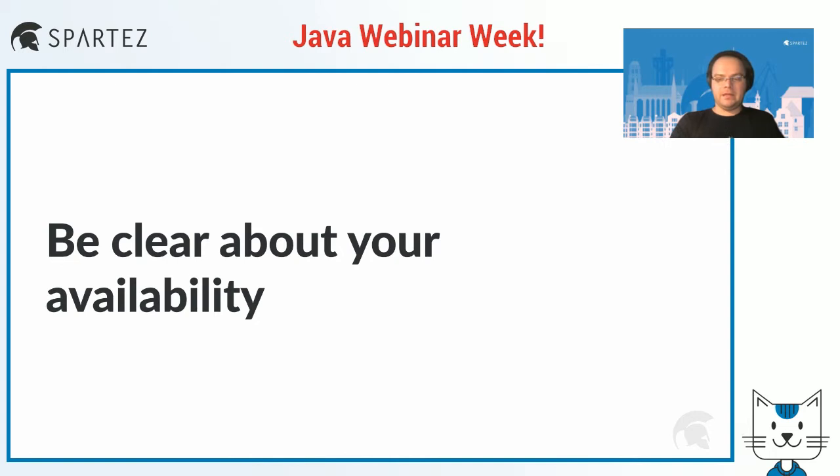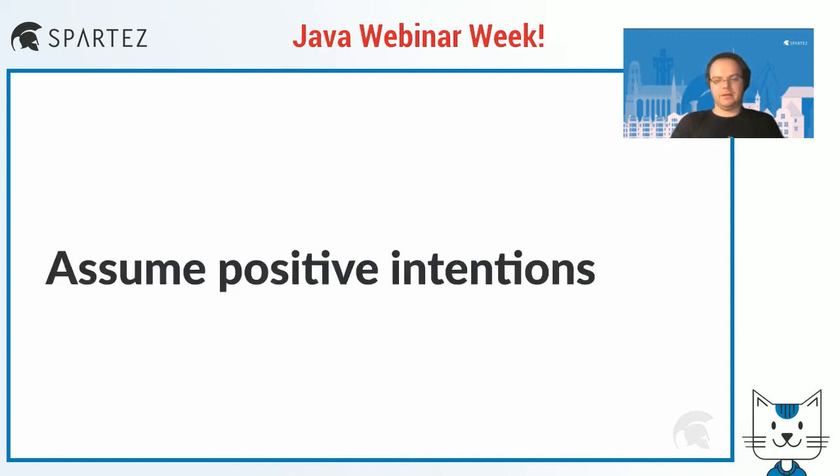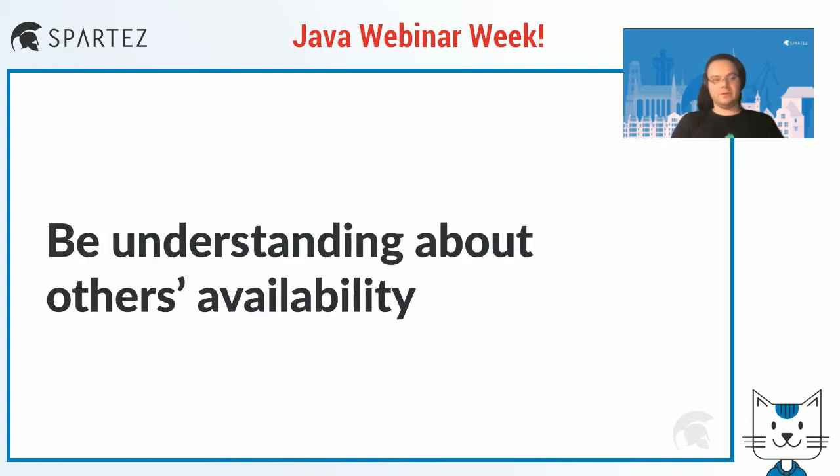Okay. I've mentioned that before. The nonverbal communication is most of the communication when people communicate. So over text, it's really hard to convey emotions and intentions. So a good thing is to assume positive intentions when reading emails, when using text-based communication. And then the other thing that I've learned, it's really good to be understanding about other people's availability because they've got kids, they've got pets at home, they've got other responsibilities.